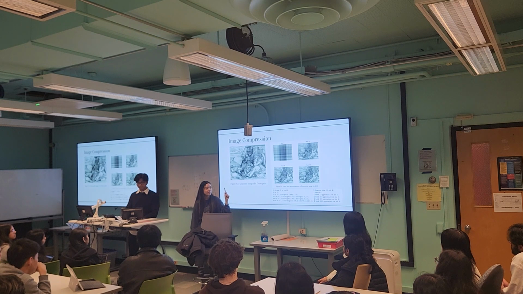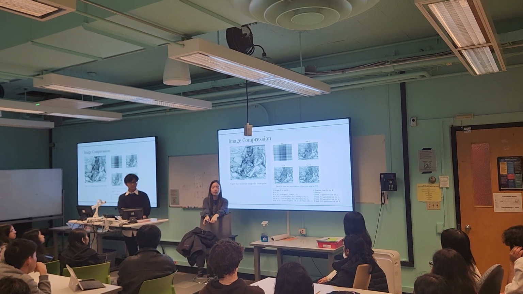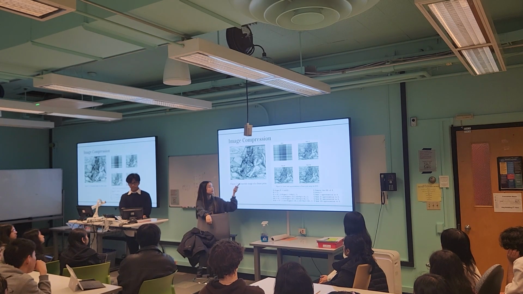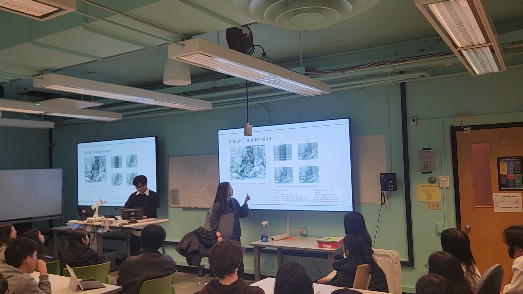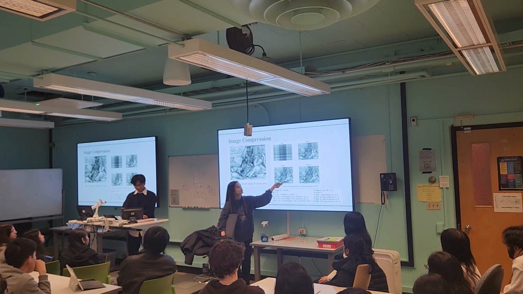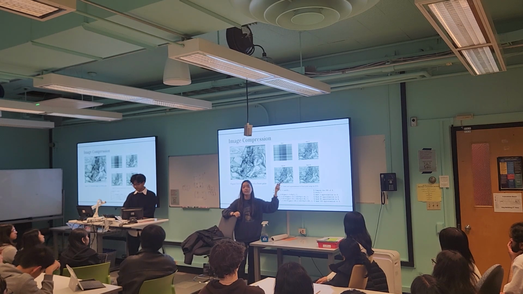Yeah, so this is a really interesting application of low rank approximation. Say that you have this picture, but you want to save some storage space, so you want to compress the image a little bit. You can do this by using the SVD. These are 4 different images being reconstructed using SVD.